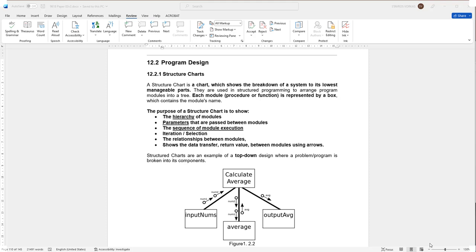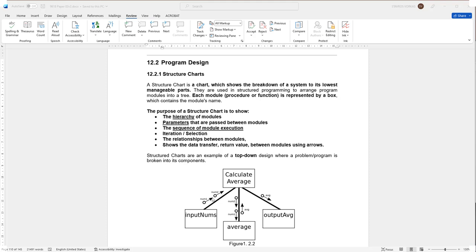And here are certain points that you might have to mention if they ask you why you would use a structure chart, or what the structure chart would show. Now, the first thing that is pretty obvious if we look at the diagram below is that this structure chart is composed of 4 modules: one called calculate average, one called input nums, one called average, and one called output average.